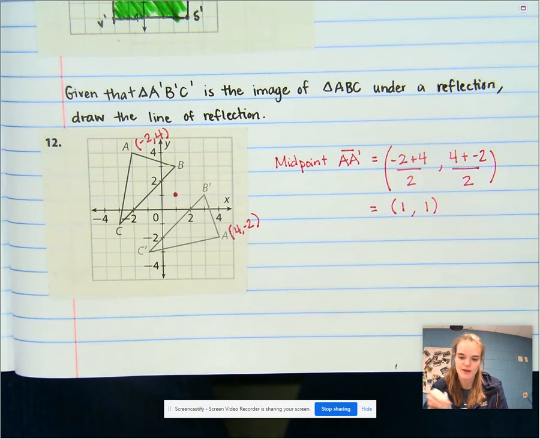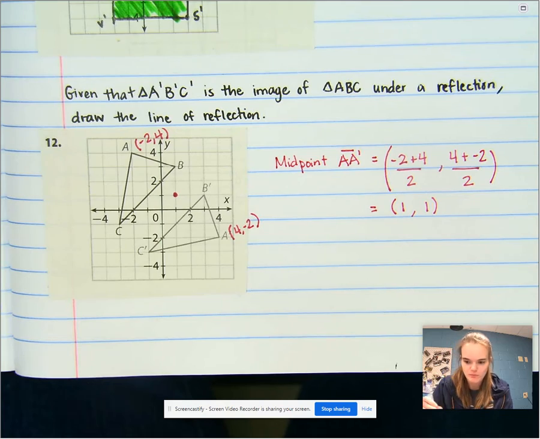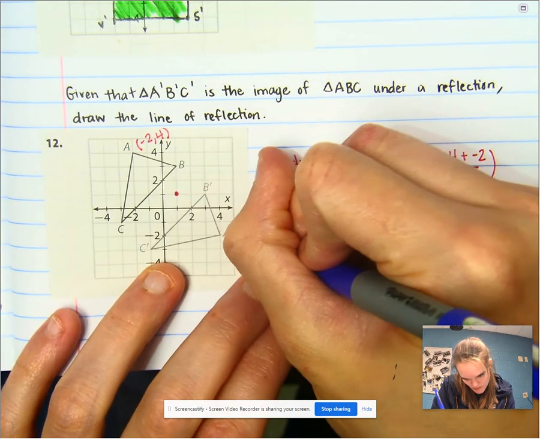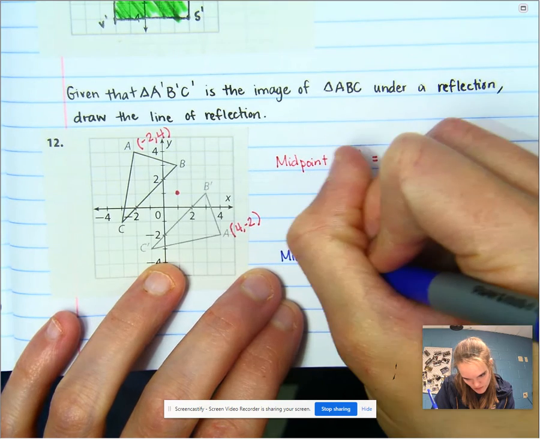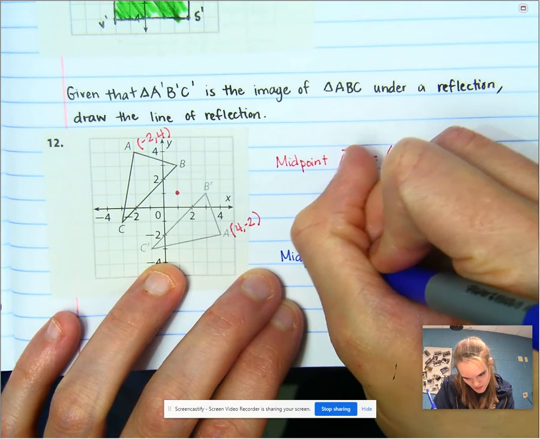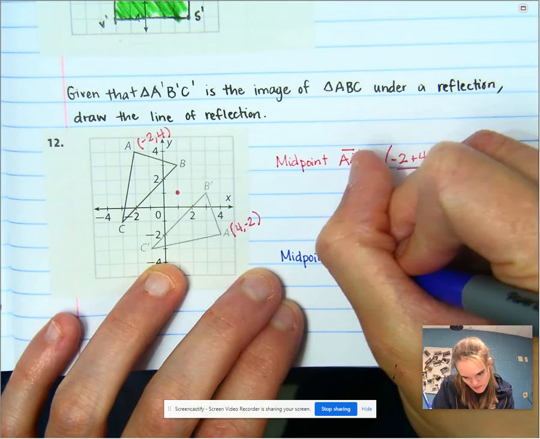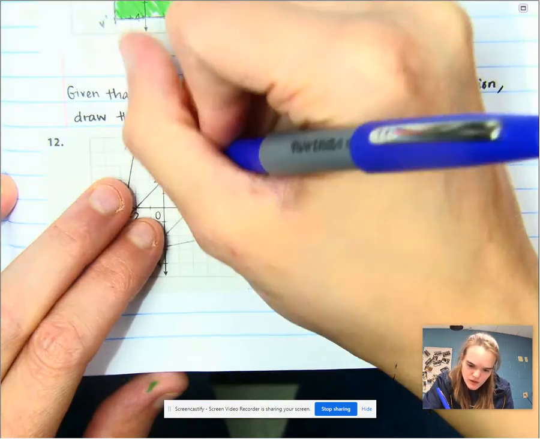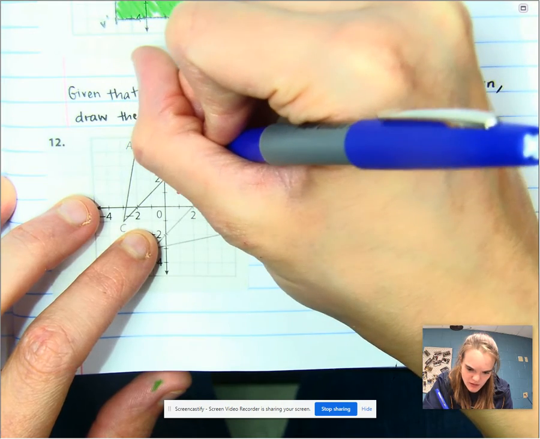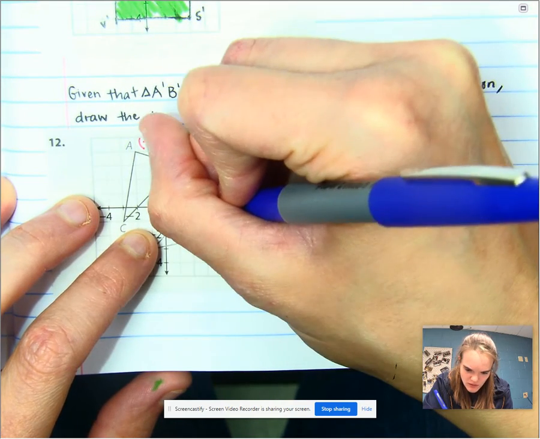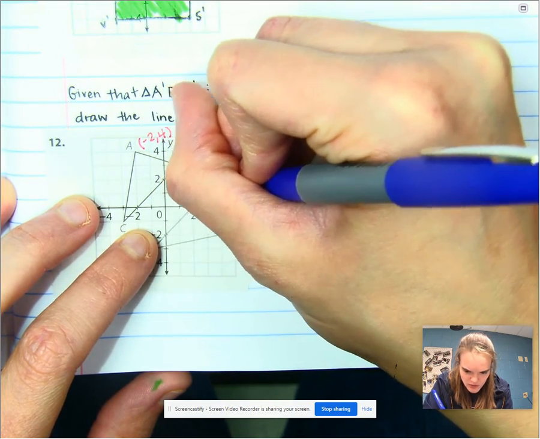Okay, let's see about the midpoint of B and B prime. B is at 1, 3 and B prime is at 3, 1.